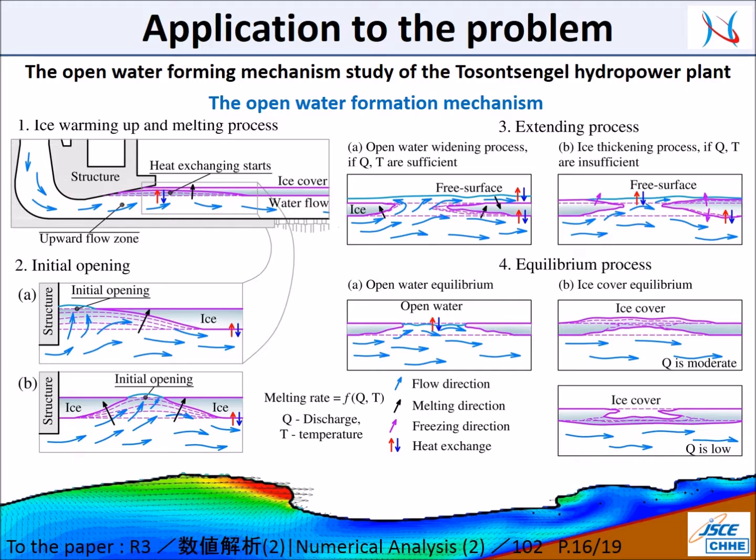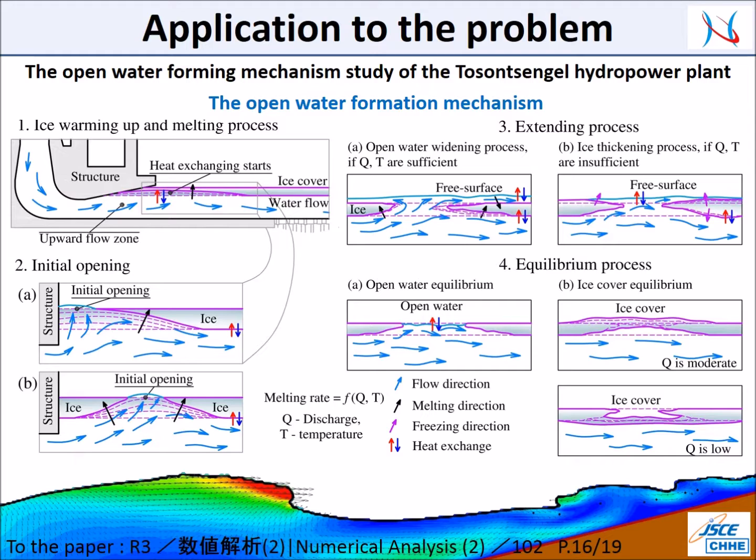Generally, open water forming in the outlet of a hydropower plant is the same as in a natural river channel. After the initial opening, depending on the temperature and discharge of water, one of the extending processes, for example open water extending or ice cover extending, will be observed.